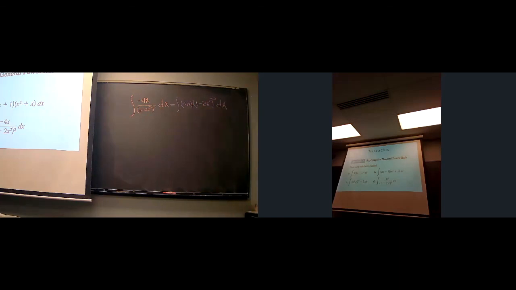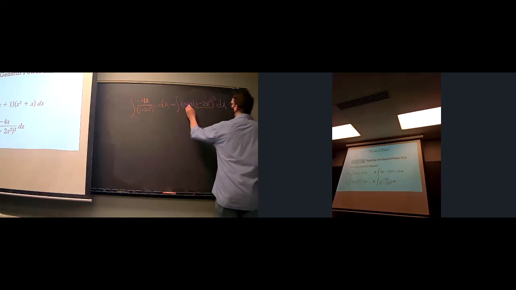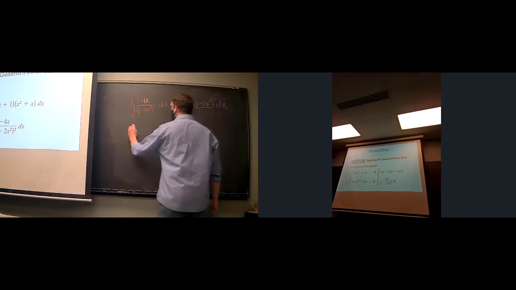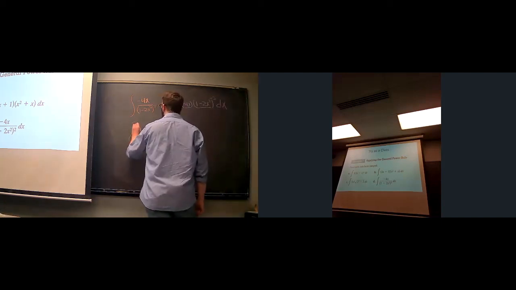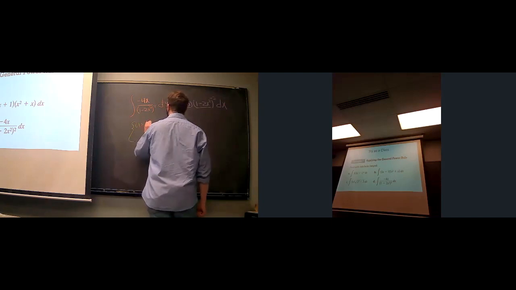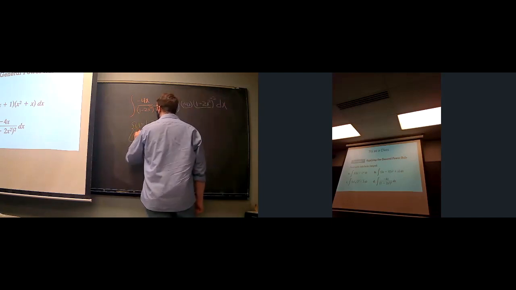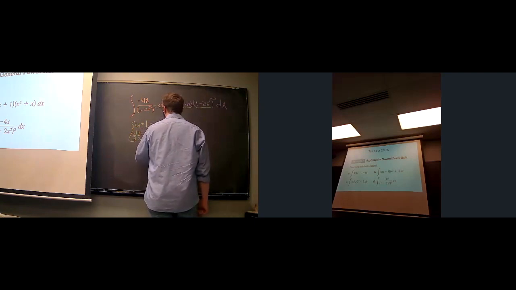Well, hey, looking at it this way, something jumps out now. This thing and this thing look like they might be related. In fact, this looks like the derivative of that, doesn't it? If we say u is equal to 1 minus 2x, that quantity squared, then du dx is going to be equal to negative 4x.